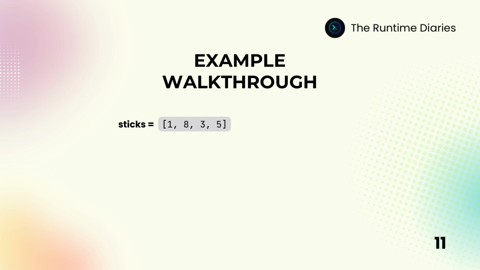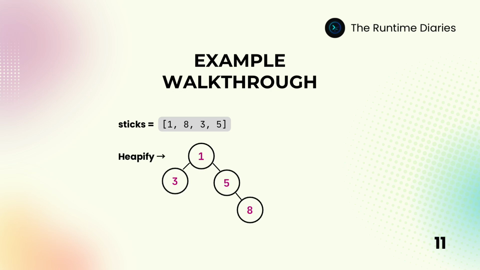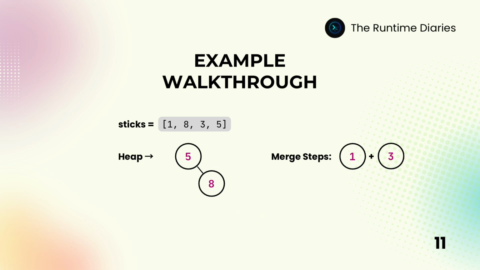Let's walk through another example. Sticks equals 1, 8, 3, 5. After heapify, we get 1, 3, 5, 8. Merge 1 plus 3 equals 4. Heap becomes 4, 5, 8.